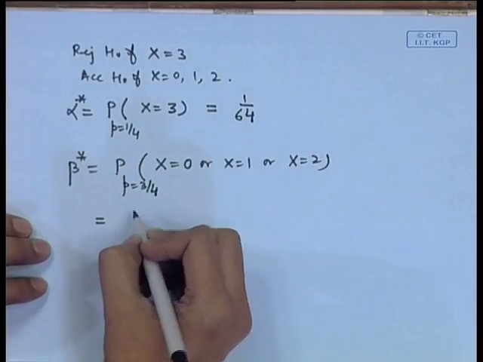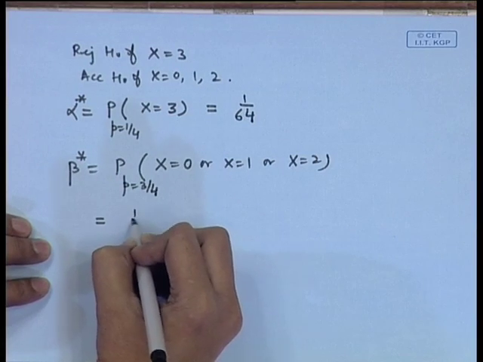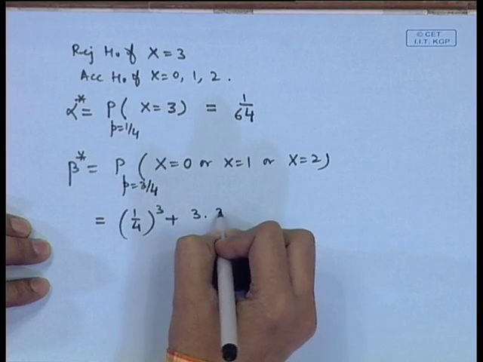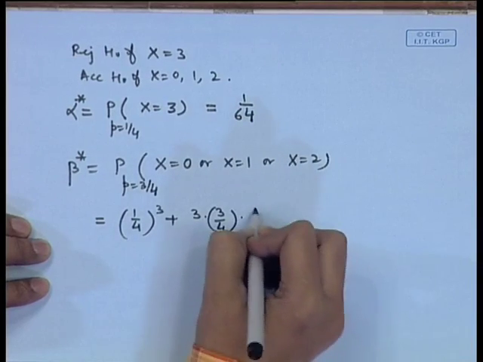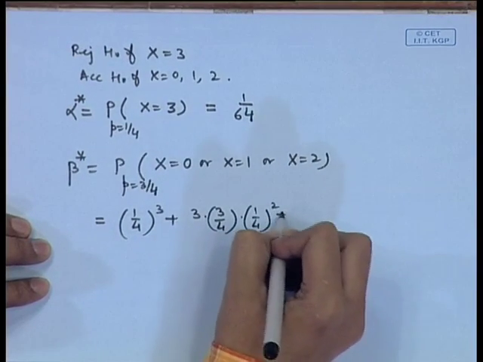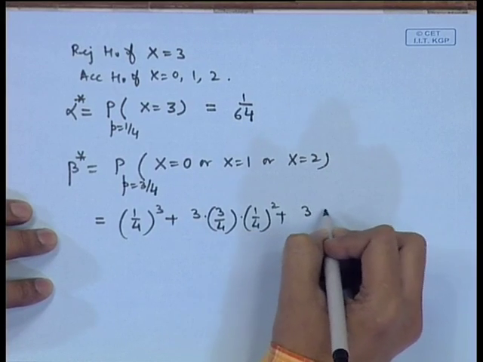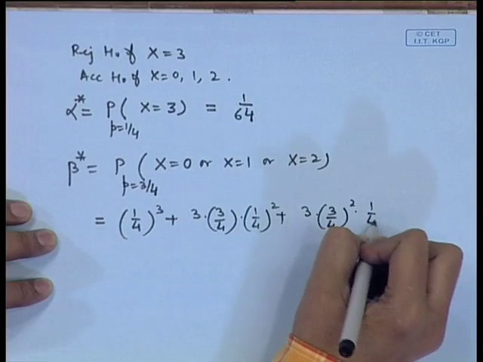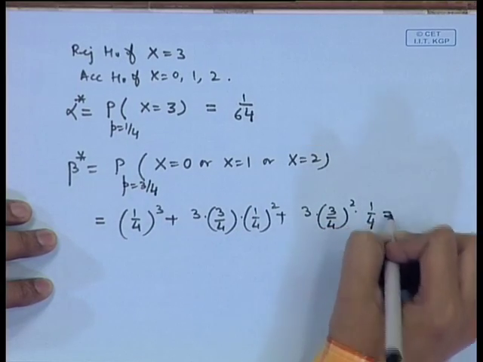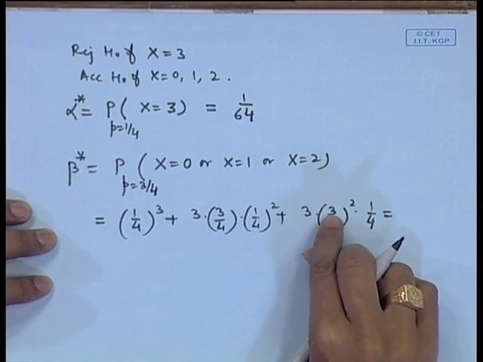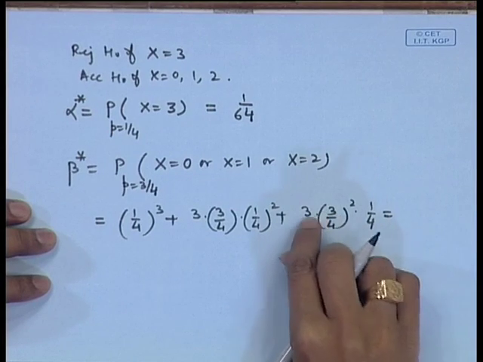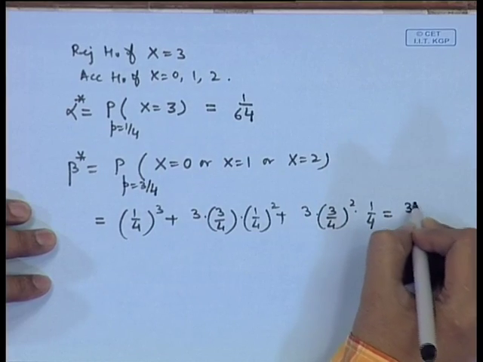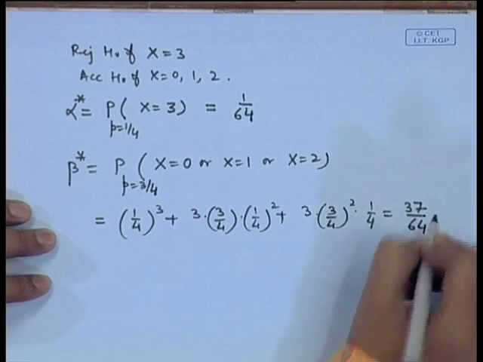So this will be equal to (1/4)^3 plus 3 into 3/4 into (1/4)^2 plus 3 C 2, that is (3/4)^2 into 1/4. So that is equal to, now you see here this value turns out to be 9, 27, 27 plus 9, 36, this is becoming 37/64.